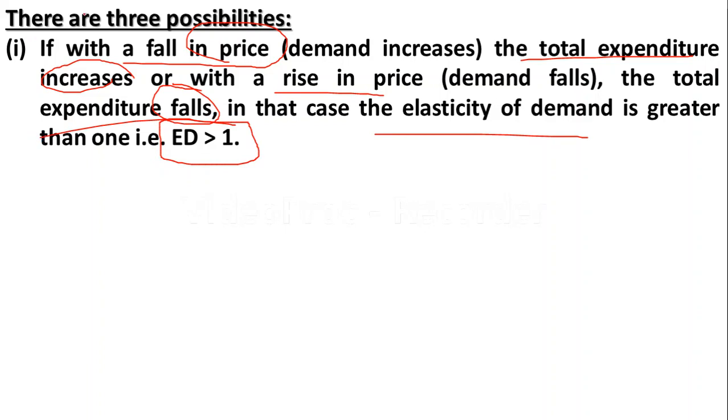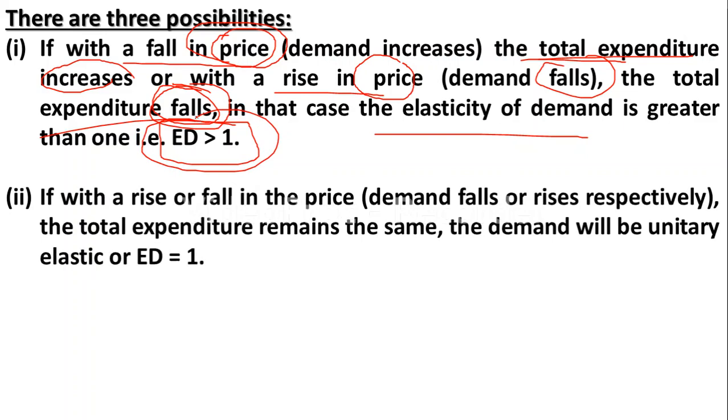When price decreases, total expenditure increases, because when price falls, demand increases. If demand increases, total expenditure will increase. Or when price increases, demand will fall, then total expenditure will also fall. In this case, elasticity of demand is greater than 1.